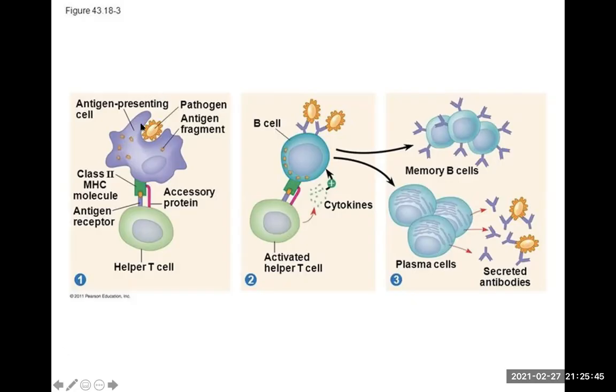So here we have a pathogen and then an antigen presenting cell. You have what you'll call an MHC, which is a major histocompatibility complex. And then you have a helper T cell. So what you have here is these antigens that are going to bind to the antibodies.